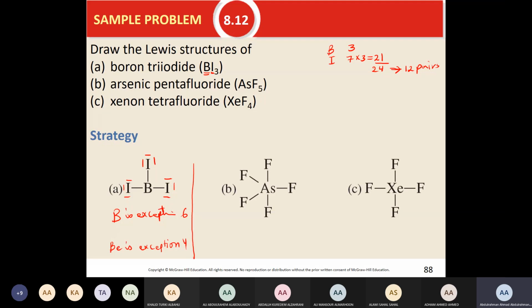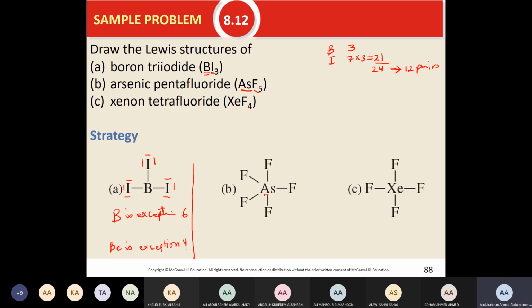Now, again, let's go to the next one. Arsenic pentafluoride. Where is the central atom? Arsenic. Where are the terminal atoms? Fluorine. I will put arsenic and put the atoms around it.